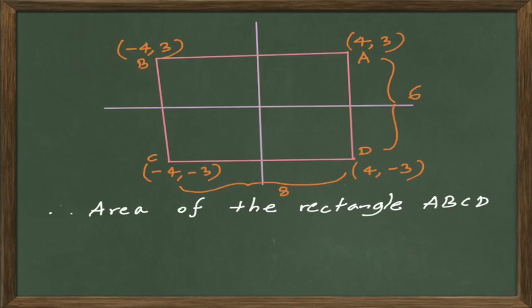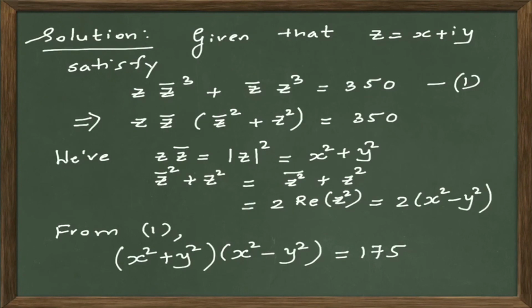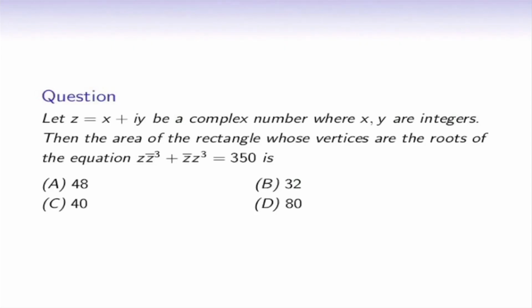Therefore, the area of the rectangle ABCD is equal to 48 units. Therefore, among the options given to us, we see that option A is correct.